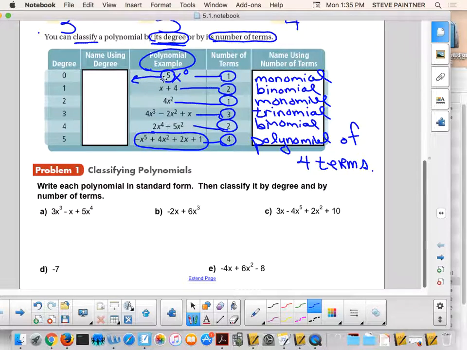There's a name for a number. What kind of polynomial is that called? Constant. It is a polynomial that will never change. 5 will always be 5. You can't change 5 if it doesn't have a variable behind it.